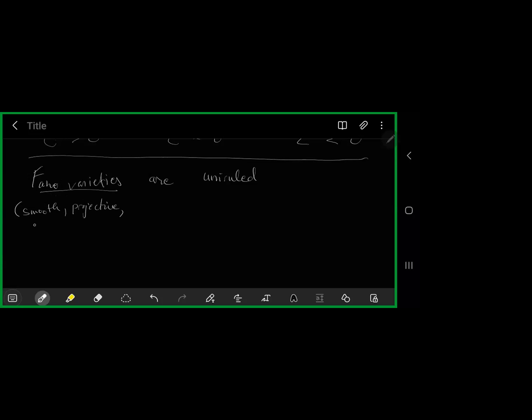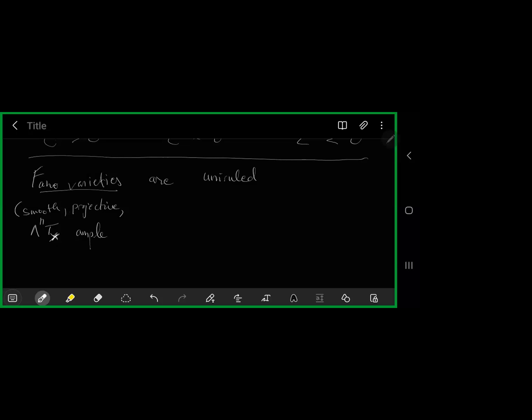And if I look at the bundle, so I look at the tangent bundle. On this bundle, I can take exterior powers. So I'm going to take the top exterior power, and this is going to be a line bundle. And I want this to be ample.